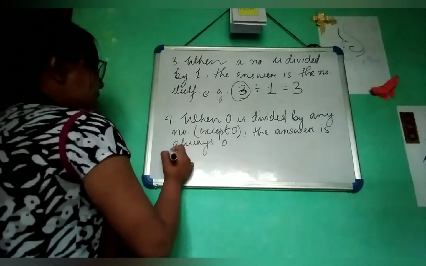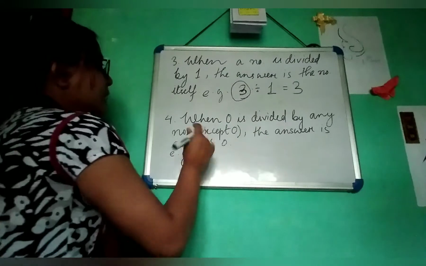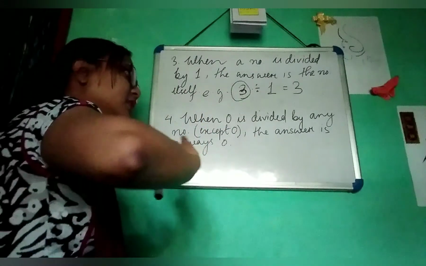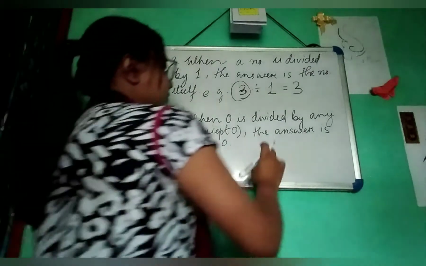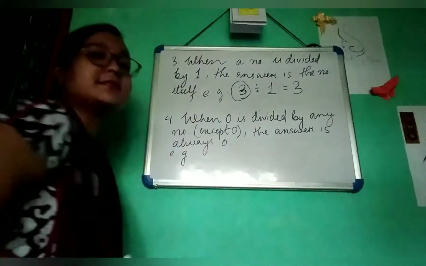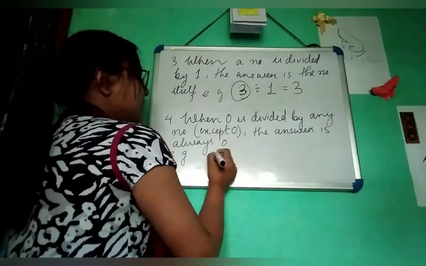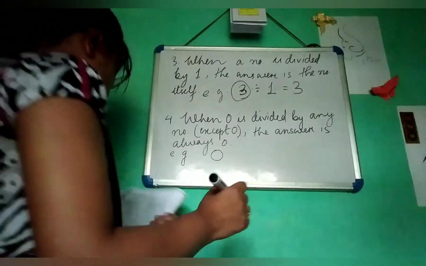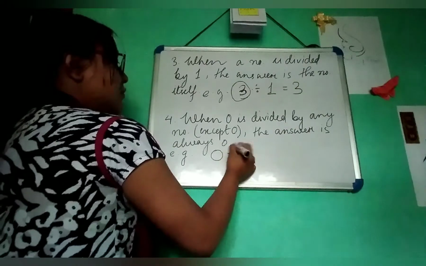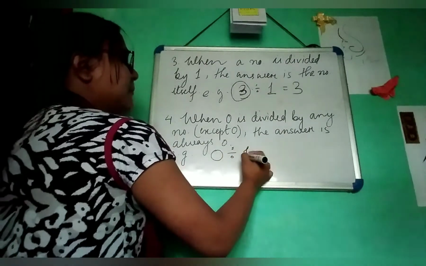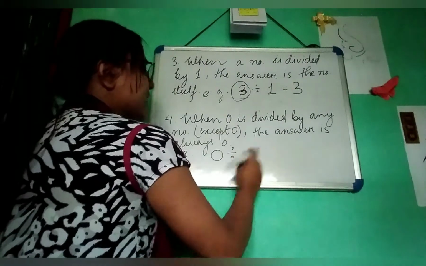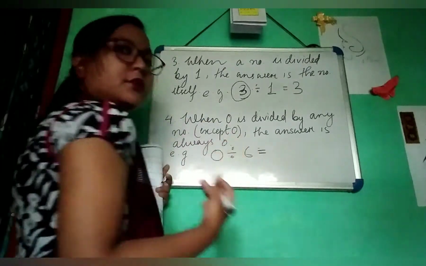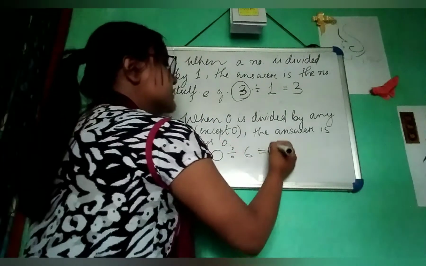Now the fourth property: when 0 is divided by any number except 0, the answer is always 0. In the case of 0 divided by 0, the condition is different. 0 divided by any number, 10 or 6 or 7, whatever number, the answer you will get is always 0.